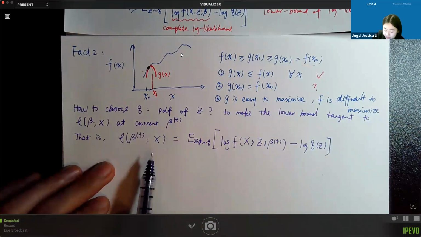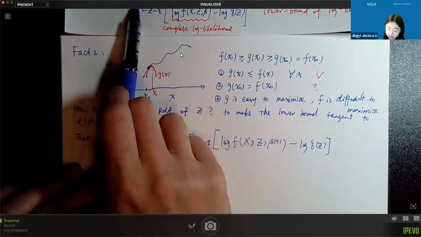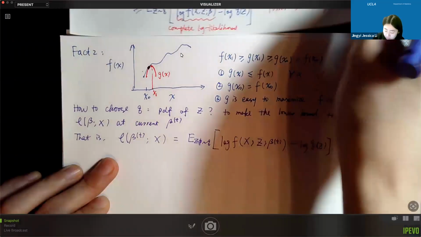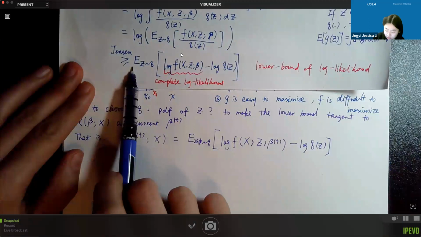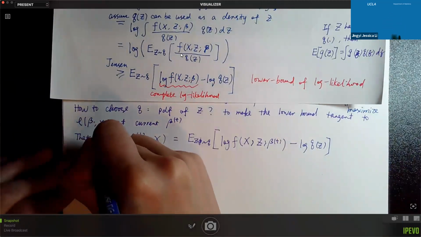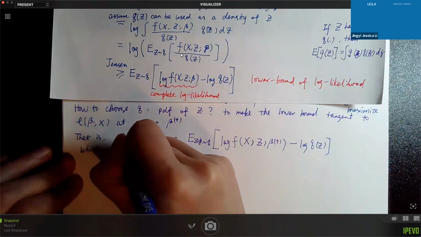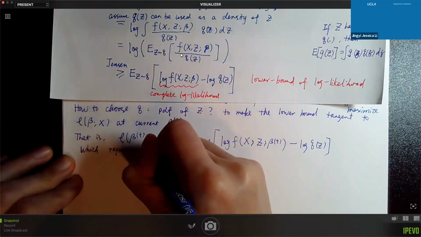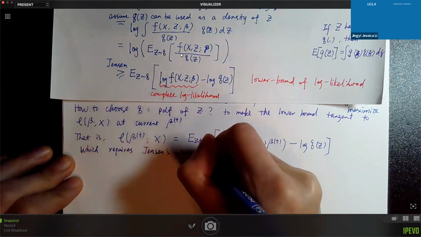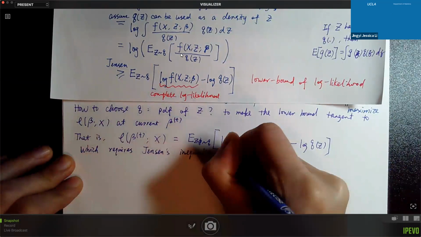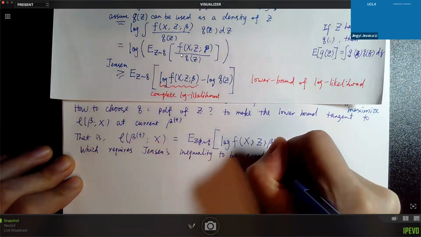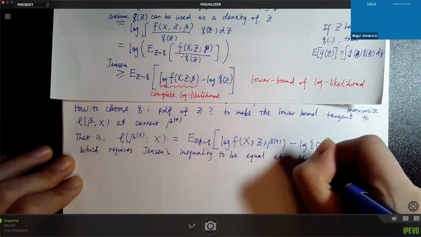And to make them equal, the key thing here is to make the Jensen's inequality an equality. This requires the Jensen's inequality to be equal at beta_t.